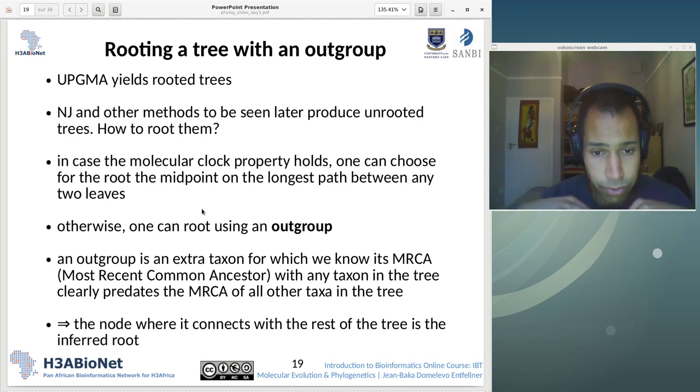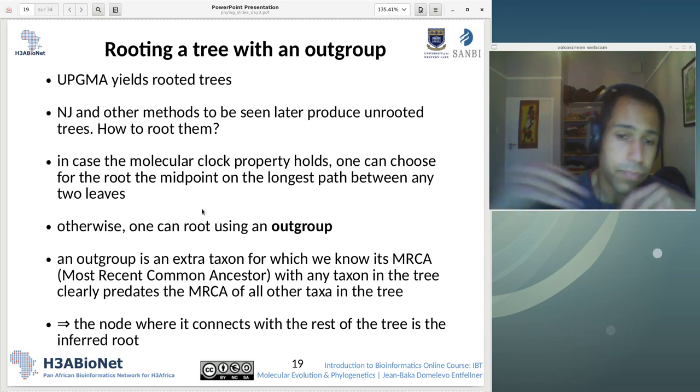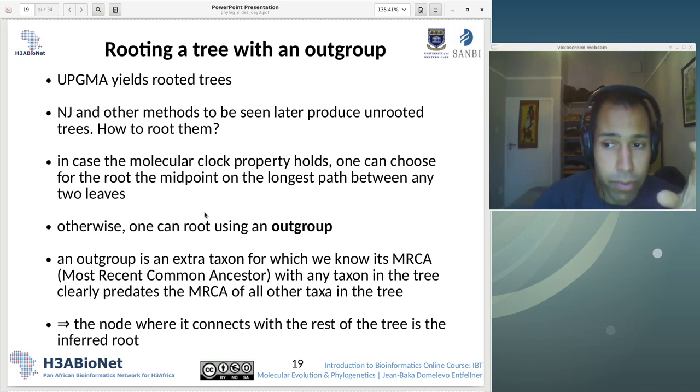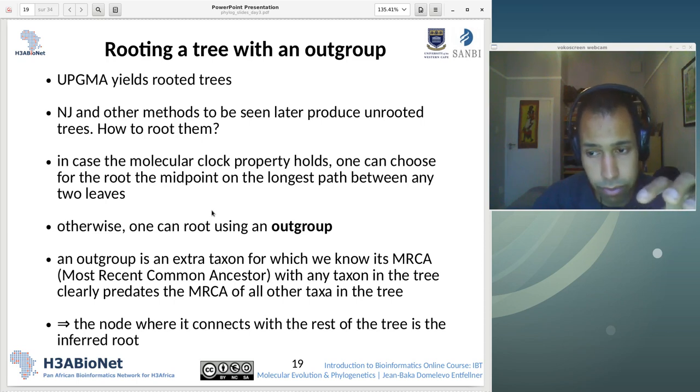Otherwise, another very common technique is the technique of the outgroup, and it's extremely simple. An outgroup is an extra taxon that you add. It's not a taxon that belongs to the set you want to study. It's another one, and this one must be outside of the clade defined by the set of taxa you're studying.